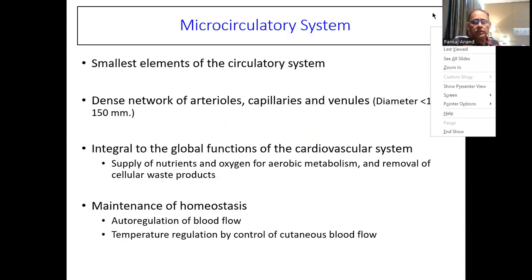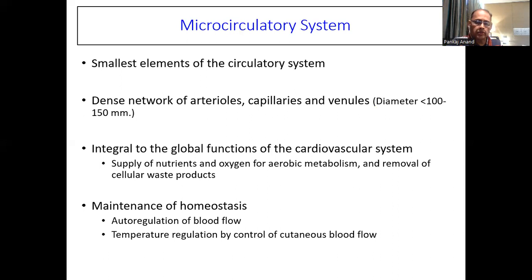Now, let me first discuss as to what is the microcirculatory system. We all know that it is the smallest element of the circulatory system, which is a dense network of arterioles, capillaries, and venules with diameters as low as 100 to 150 millimeters.